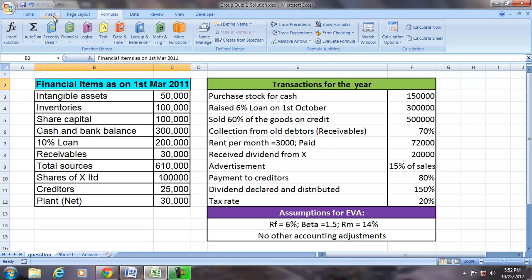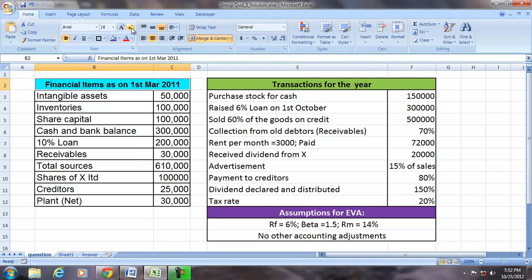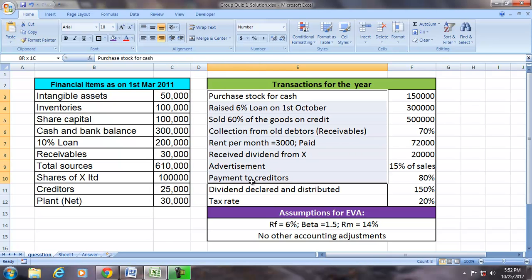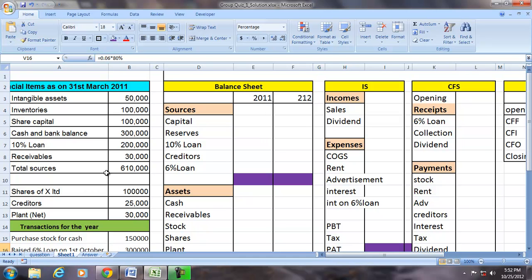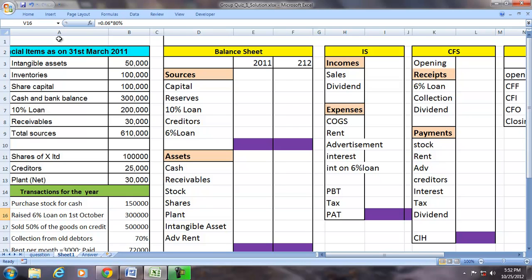So this information, financial items, has to be converted into financial statements or balance sheet as the opening balance sheet, and then we'll use the transactions to prepare the financial statements. So let us see the information given here and create the opening balance sheet.